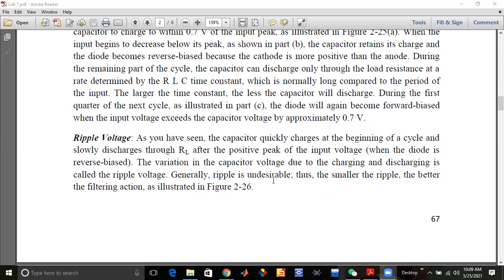Generally the ripple is undesirable. Undesirable means that we don't want the ripple. We want to reduce the fluctuation. So the ripple voltage shows some variation, but this variation is undesirable. We do not want this variation.